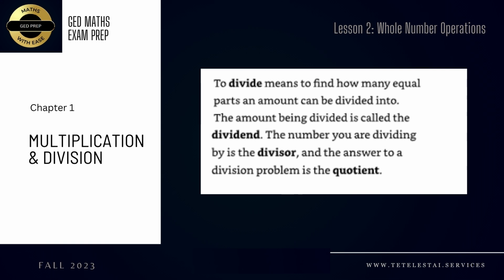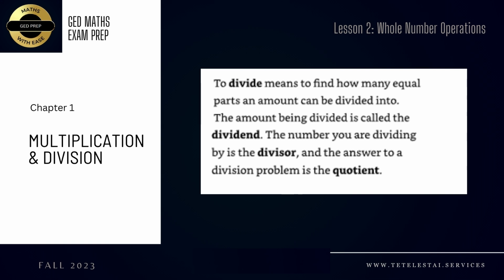And the answer that you get is called the quotient. So the number below is always called the divisor. The number above is called the dividend, and the answer when you divide your dividend by your divisor is the quotient.